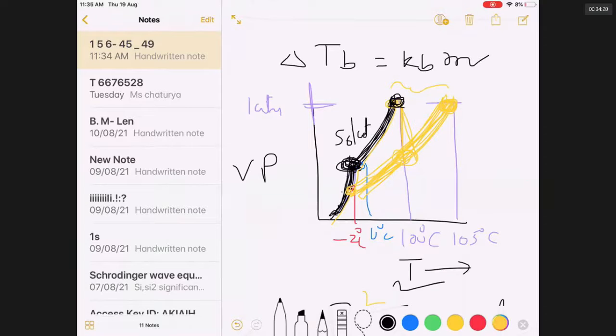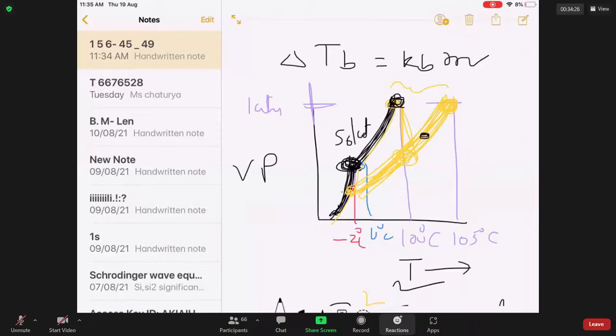It is boiling. Now, if I dissolve some urea in water, its vapor pressure is lowered. The vapor pressure of the solution is like this. At this temperature of 100 degrees, this is the vapor pressure of the solution. So if you want to equate the vapor pressure of the solution to 1 atmosphere, you have to heat further.